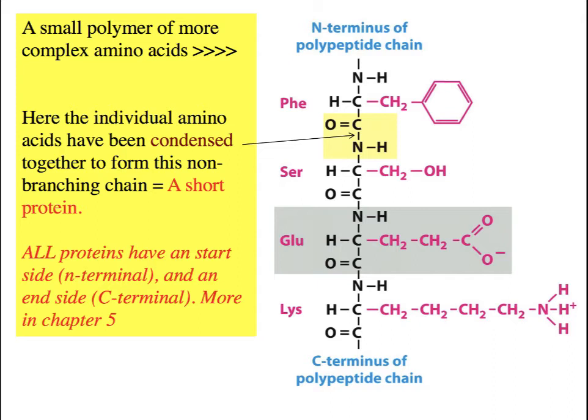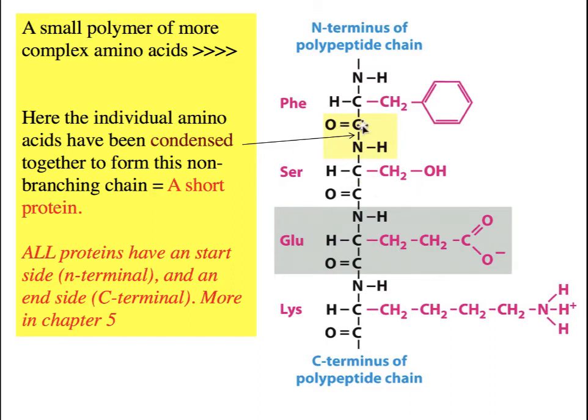The only organelles within cells able to make polymers of amino acids are called ribosomes, which we learned briefly about previously. In this example here, we have 4 amino acids connected together by covalent bonds. Each of these covalent bonds holding a nitrogen to a neighboring carbon is called a peptide bond. Just like in sugars, we had glycosidic bonds.